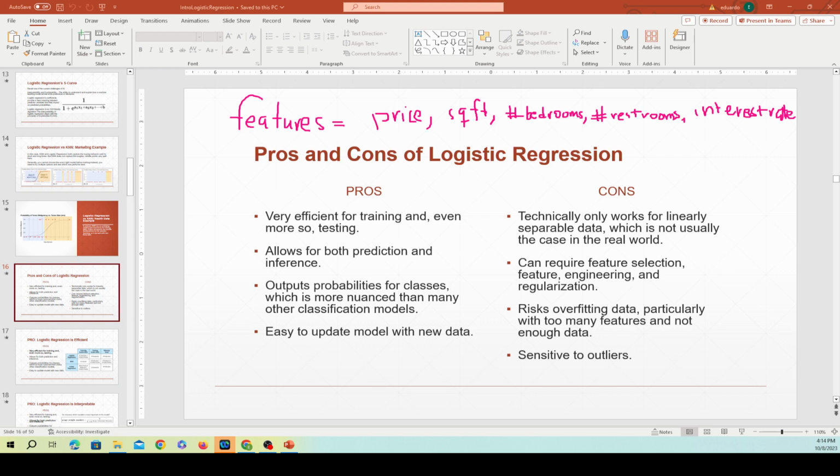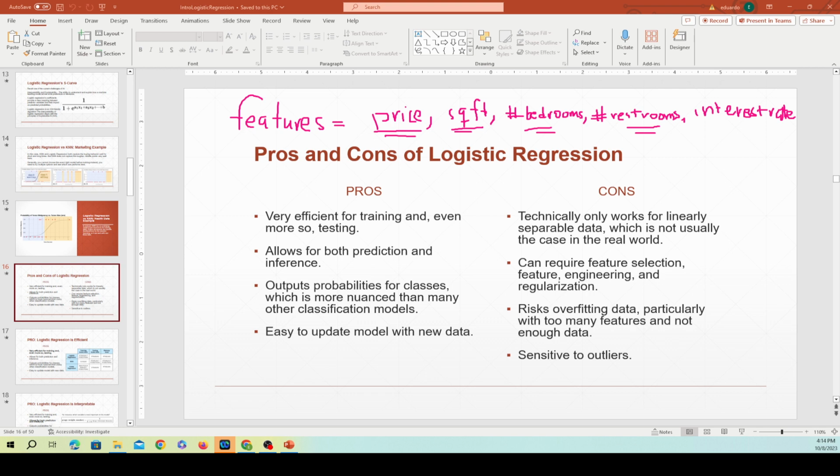Now, some of those features might not make any difference in the prediction, so we need to make sure that we select the proper features. That's what feature selection means. Feature engineering refers to normalizing some of the data. In other words, let's say the price of the house could be in the hundreds of thousands, in comparison to the square footage or the number of restrooms or bedrooms, which will be very, very different.